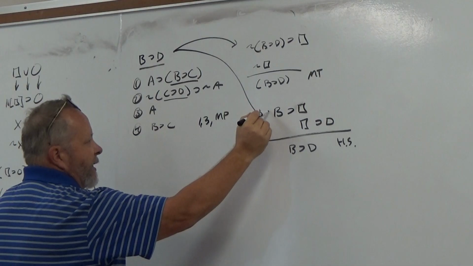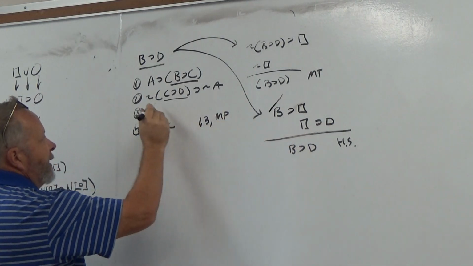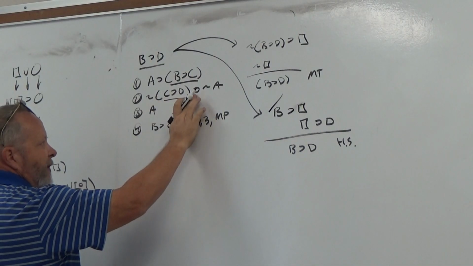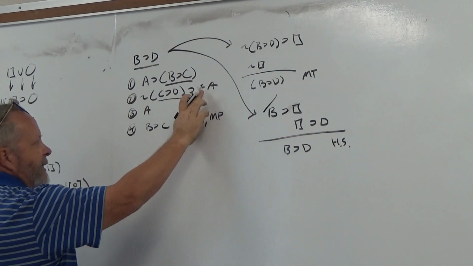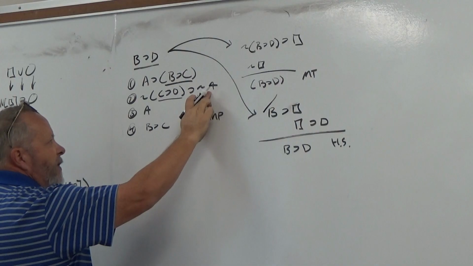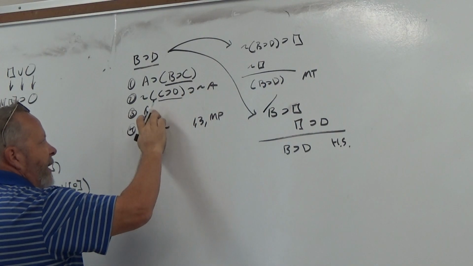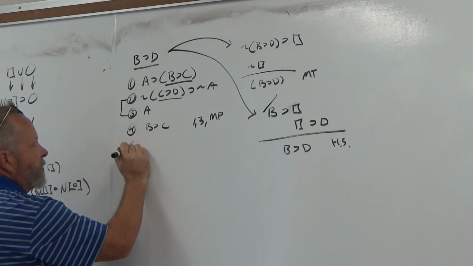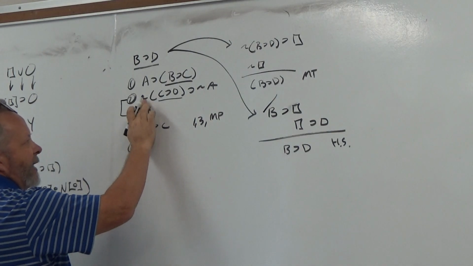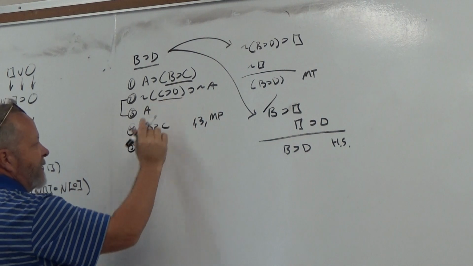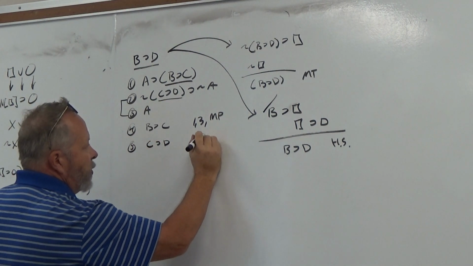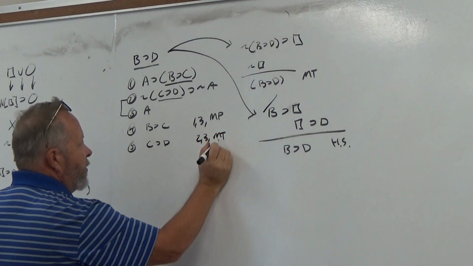So I've essentially got this piece. Now I need that one. It's right here. It's in the antecedent of a conditional. To get it out, I need the opposite of the consequent. I need an A, and there's an A right there. So 2 and 3, I can do modus tollens, and so I get the opposite of not C then D. In other words, I get C then D from 2 and 3 modus tollens.